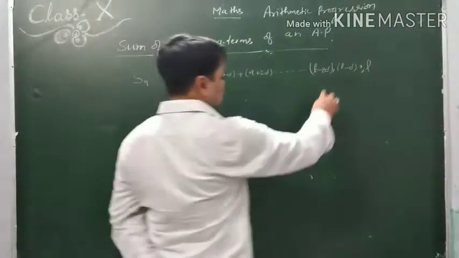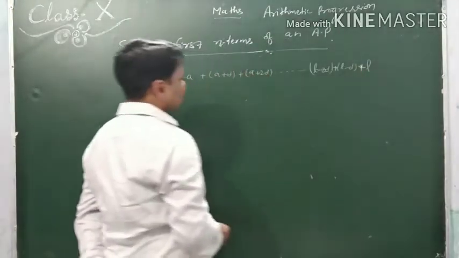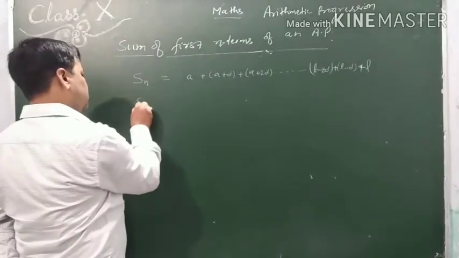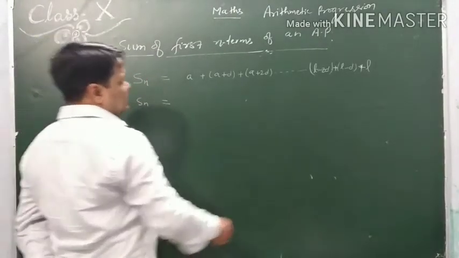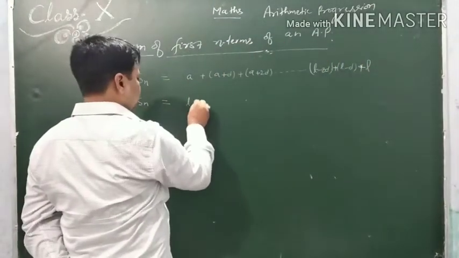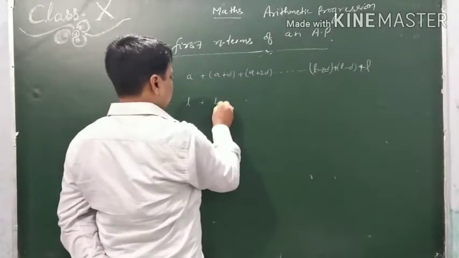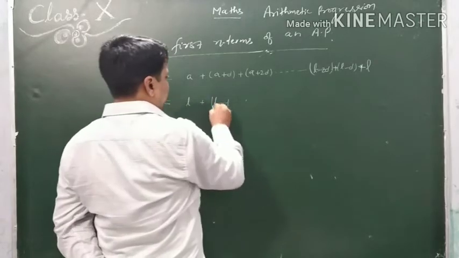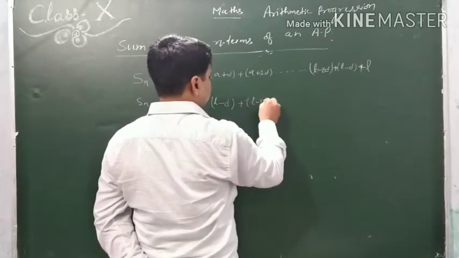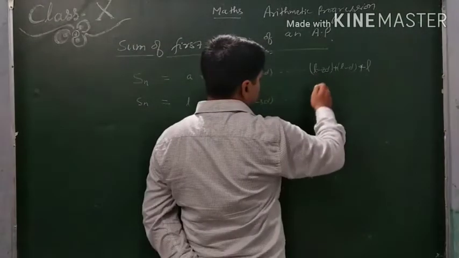Put the plus sign here. Similarly, we can rearrange it this way: L just below a, then the second last term L minus d just below the second term, and again the third last term L minus 2d, up to the last.